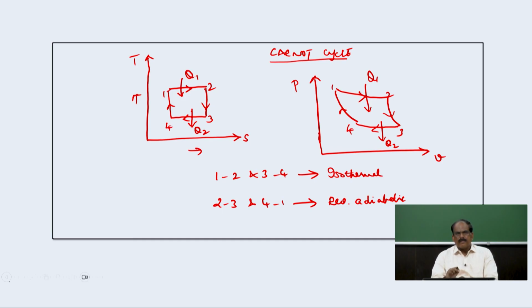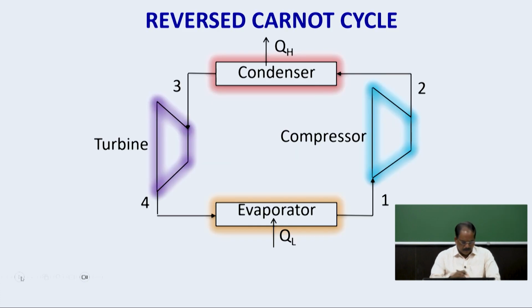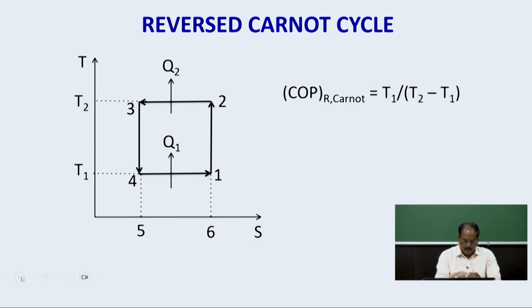But in the reversed Carnot cycle, which is the basis for the refrigeration cycle, the arrow marks are in the anti-clockwise direction. So when I change the direction of the processes of a Carnot cycle, it becomes a reversed Carnot cycle.